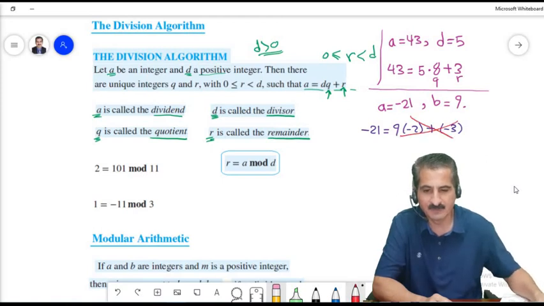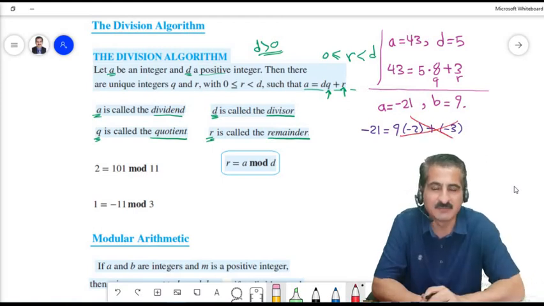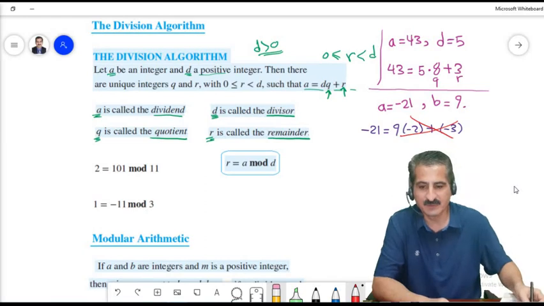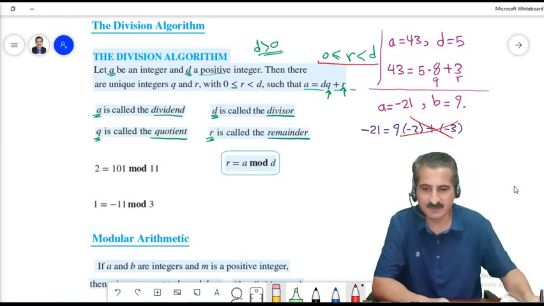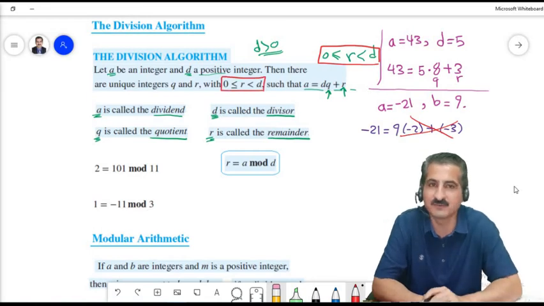No. This is not acceptable because we want the remainder to be non-negative. So again, the remainder is greater than or equal to 0. It cannot be allowed to be negative.